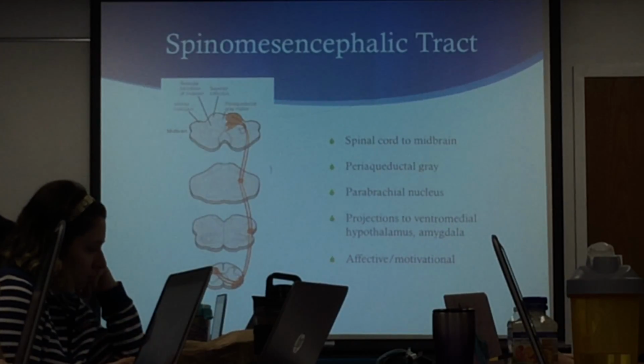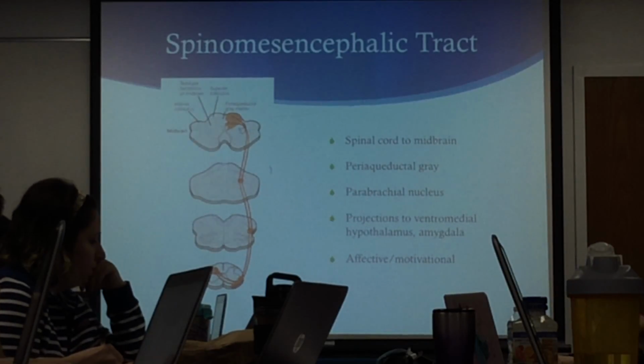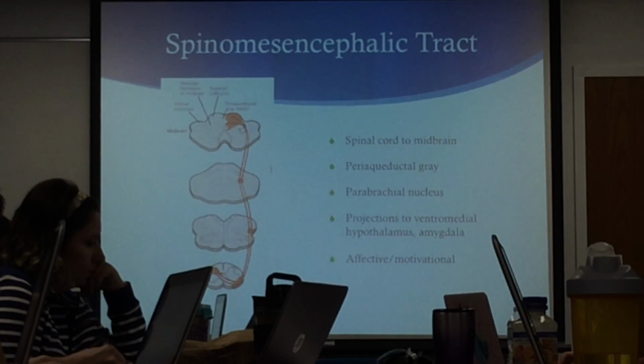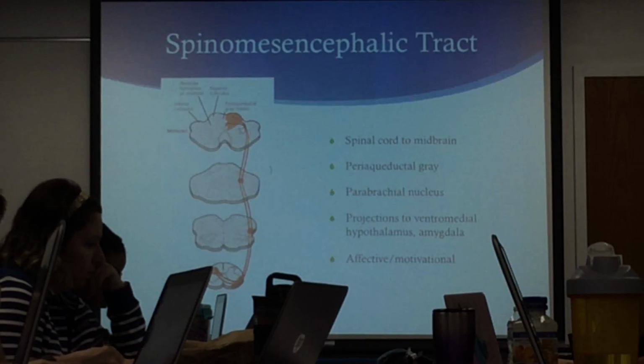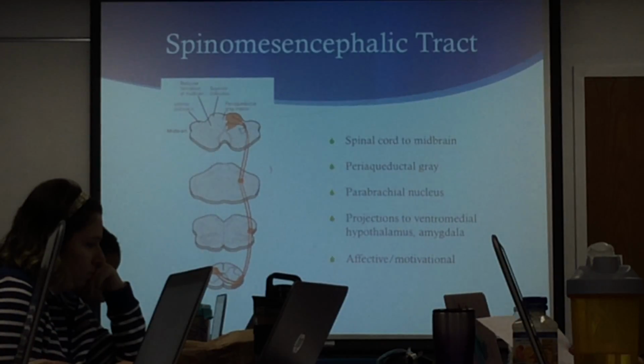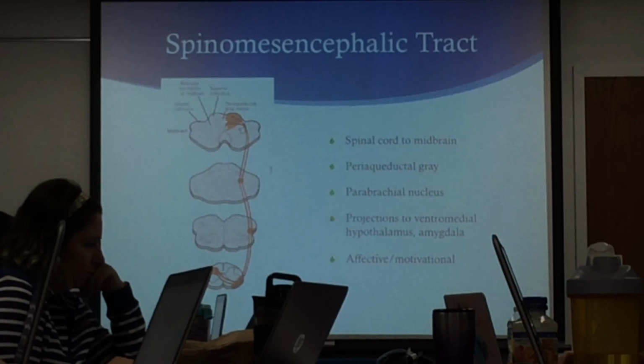The spinomesencephalic tract, the starting point is the same. You have nociceptors, with cell bodies in dorsal root ganglia. They synapse into the superficial part of the spinal cord, the dorsal horn, and they send fibers up through a different, more lateral pathway up to the midbrain. And they synapse in two basic areas, the periaqueductal gray, and the parabrachial nucleus.